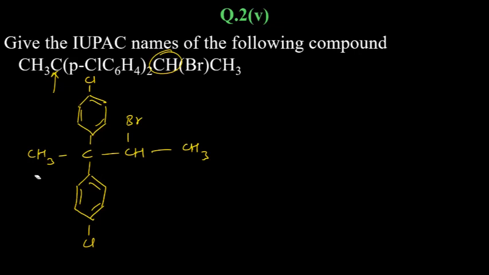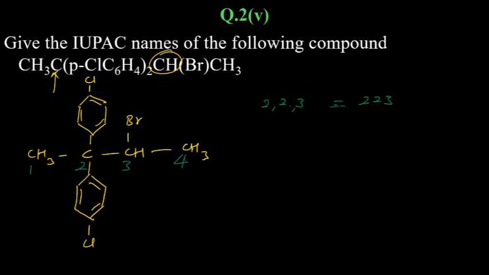And I told you, if you consider from the right side, it will be 1, 2, 2. That is 122. And if you consider from the left side, on first you have two branches, it will be 1, 1, and then bromine on second. That is 112. 112 is less than 122. So it means the numbering has to start from the left-hand side. Now, if you consider this numbering, it is 2, 2, 3.